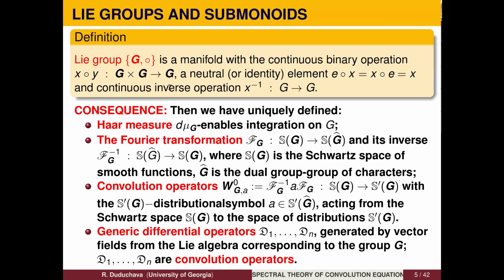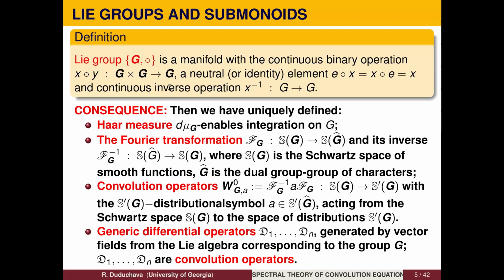Since we have the Fourier transformation, we have the convolution operator, which is defined as usual as the Fourier transformation multiplied by a certain function, which is called the symbol, followed by the inverse Fourier transformation. This is the convolution. It transforms the Schwartz space of fast decaying functions to the space of distributions, if the symbol is from the space of distributions.